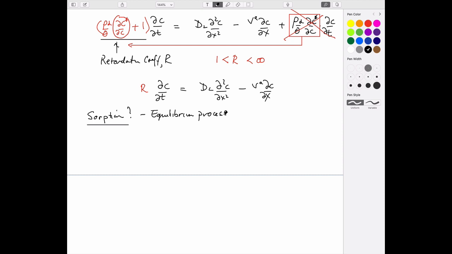And it's pretty simple. The experiment to look at it is to take a bunch of grains in your aquifer, just like we alluded to before, put in a concentration of fluid, and measure what the concentration is that gets sorbed onto the grain somehow.